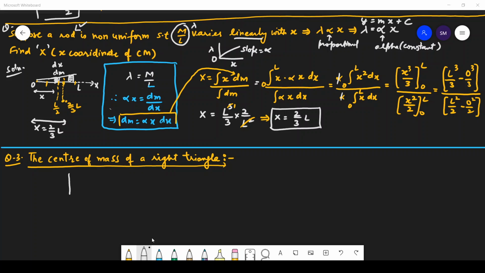So the next question is the center of mass of a right triangle. So you can assume this right triangle here, this way. So we need to find the center of mass.